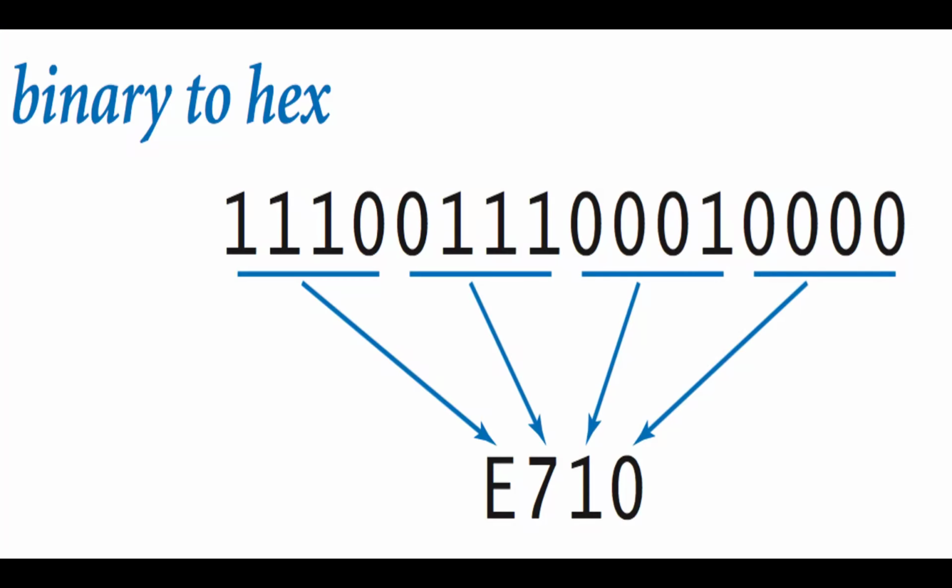Let's group this 4 by 4. Starting from the rightmost, 0000 in hexadecimal is 0, right? 0001 in hexadecimal is 1. 0111 in hexadecimal is 7. 1110 in hexadecimal is E.